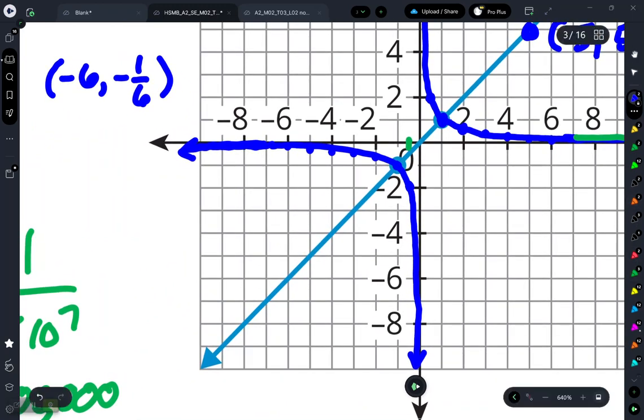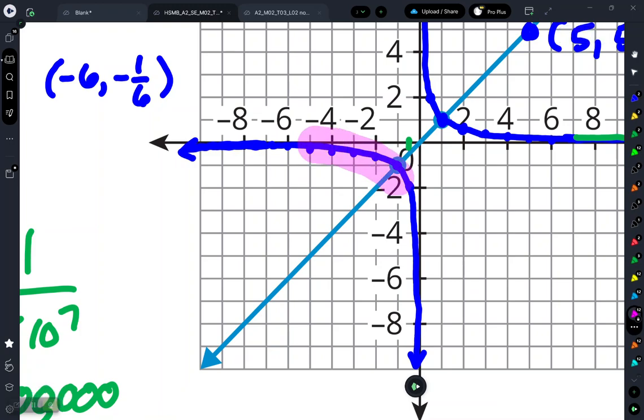They're talking about this. Okay, as x is getting closer and closer to 0 from the left, the graph, I think I accidentally deleted some important parts there, so let me just put that back.